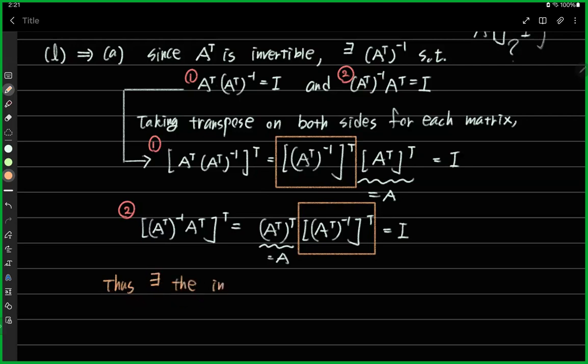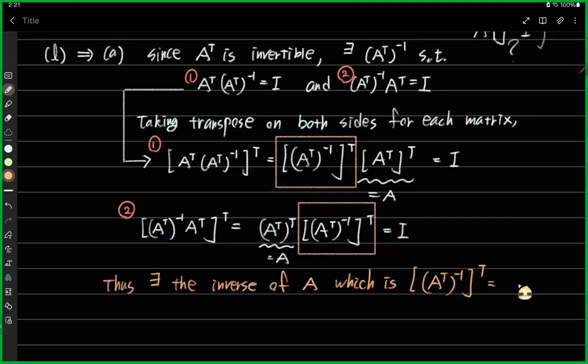Right. Thus, there exists the inverse of A, which is A transpose inverse and transpose. But actually, transpose and inverse are commutable.